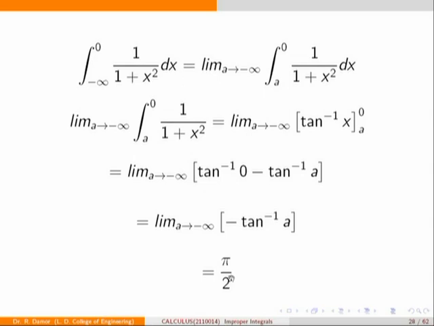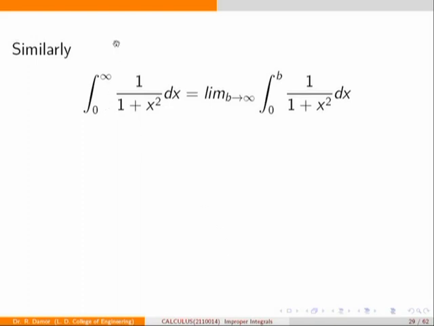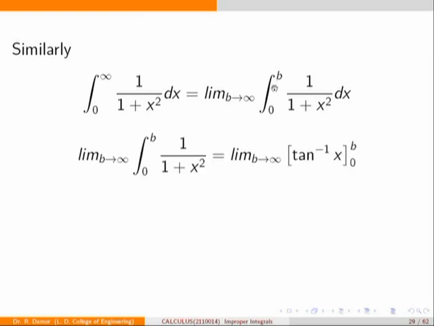Now in a similar manner you can find your second integral, 0 to infinity 1 upon 1 plus x square dx. Clear? As the steps are similar, only the limit is 0 to b. So what is this? Limit b tends to infinity, tan inverse x from 0 to b.